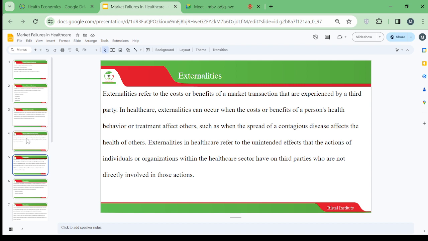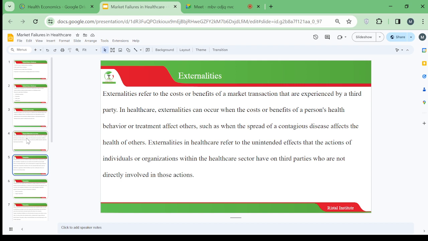So an example could be that a person contracts an infectious disease, and then you get a lockdown like the one we had during COVID-19. Someone else gets the disease, but as a result of that disease, there is a lockdown. So that impact is what we call an externality.